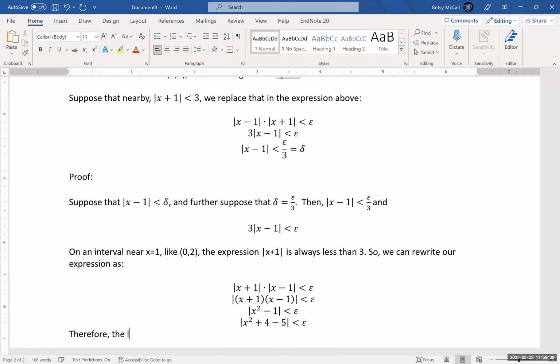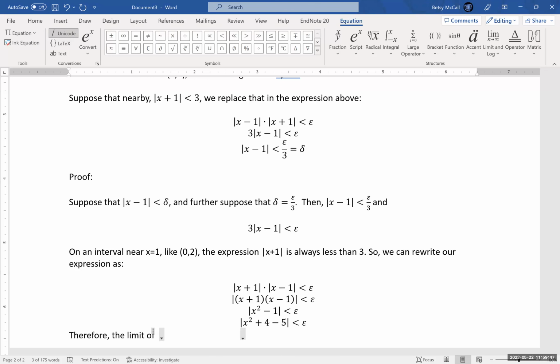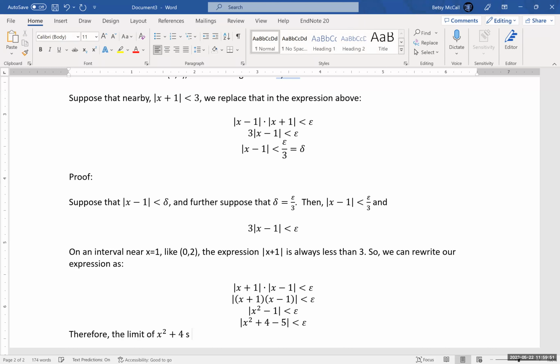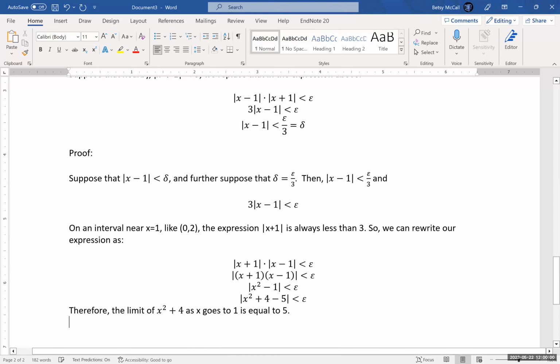Therefore, the limit of x squared plus 4 as x goes to 1 is equal to 5. And so that's our proof, QED.